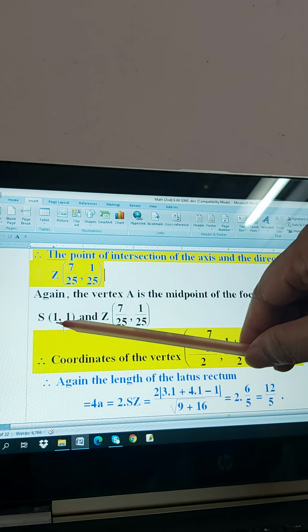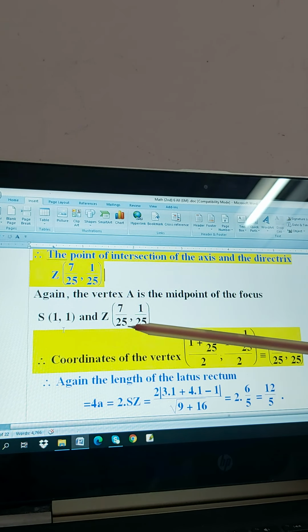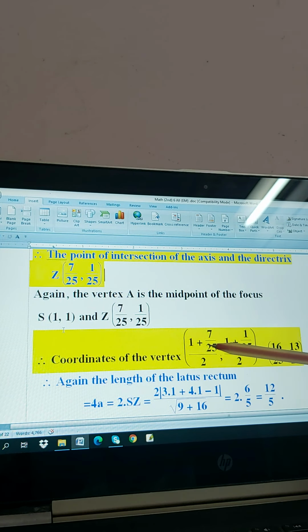S is the focus (1, 1) and Z is (7/25, 1/25). So x1 equal to 1, x2 equal to 7/25, y1 equal to 1, y2 equal to 1/25. After simplification, the coordinate of the vertex A is (16/25, 13/25).